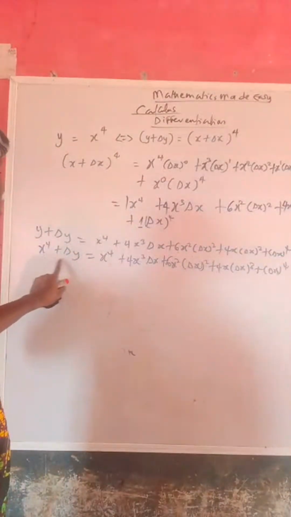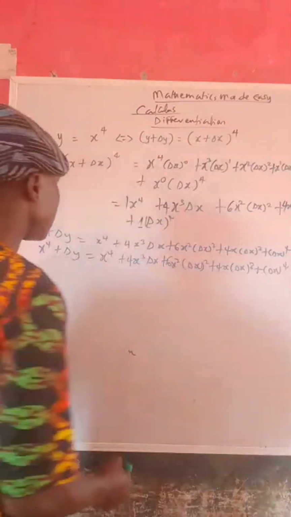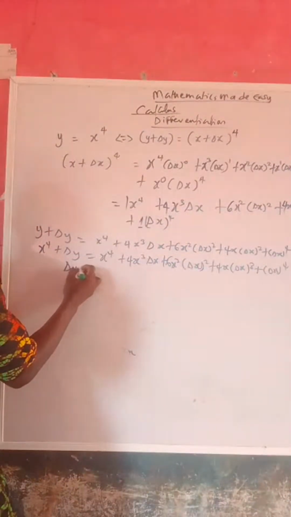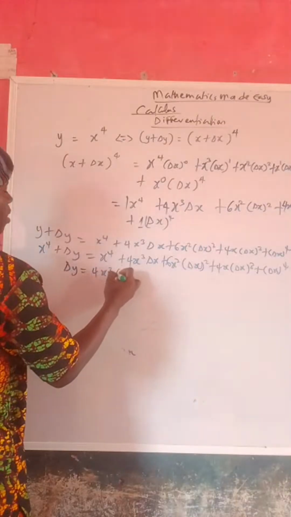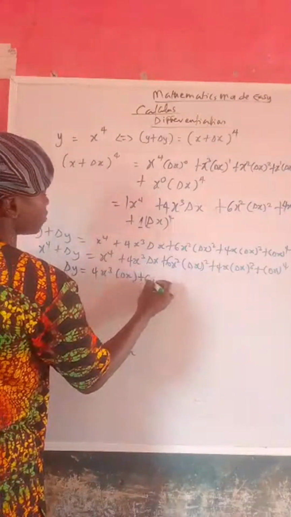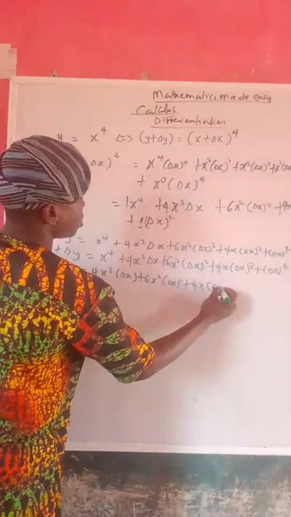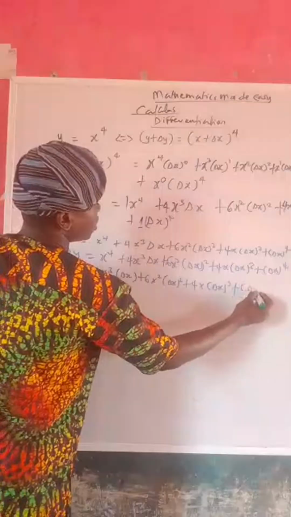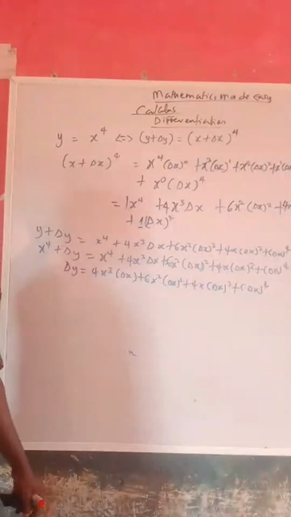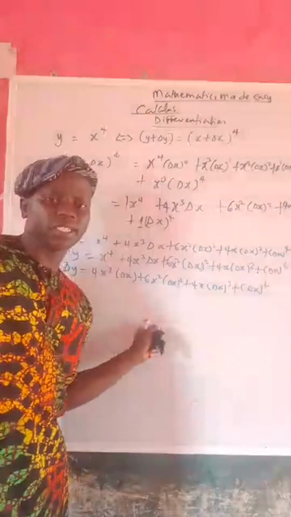Then you subtract x raised to the power of 4 from both sides. So if we do that, we have increase in y equals 4x to the 3rd power changing x plus 6x to the 2nd power changing x to the 2nd power plus 4x into bracket changing x to the 3rd power plus changing x to the 4th power. Then you factor out changing x.